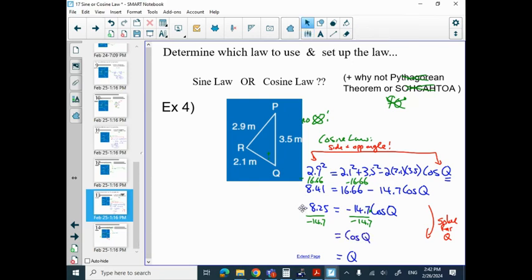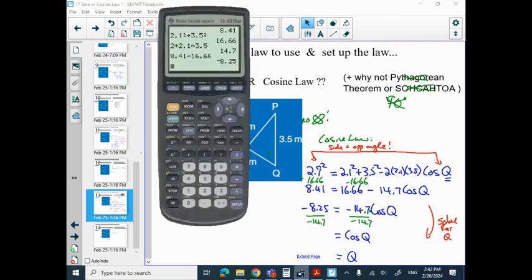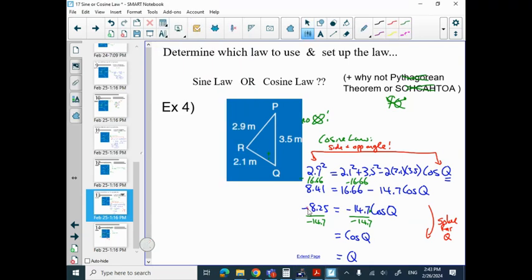So I have the negative 8.25, so I could divide by negative 14.7 and it'll spit out the positive answer. Or I could just divide by 14.7 and then do cosine inverse of the positive version of the answer. Either way, my preference would be just to do 8.25 divided by 14.7, knowing the answer is positive because you have two negatives being positive.